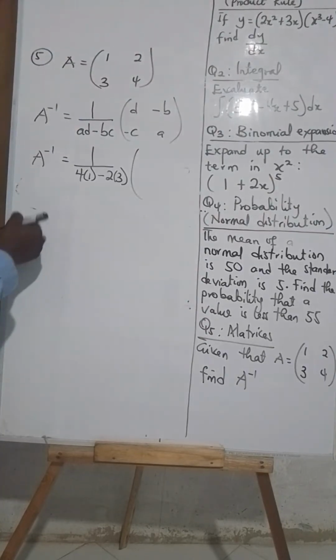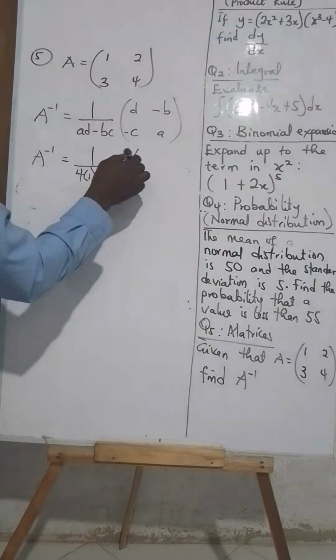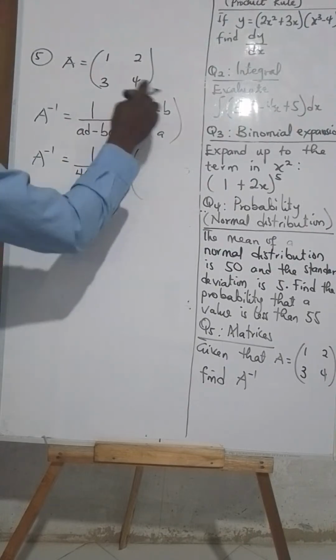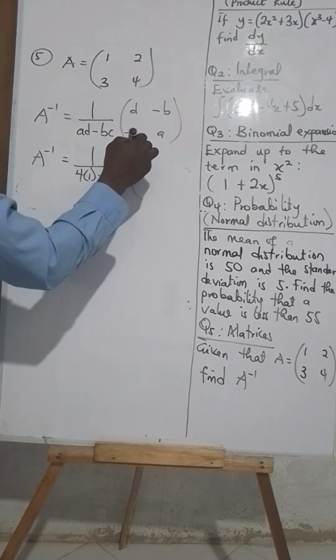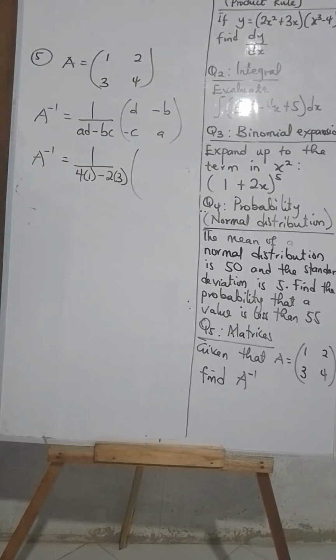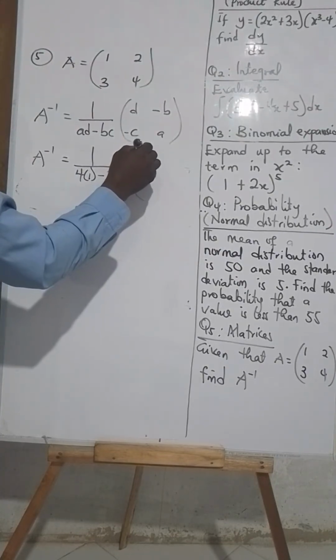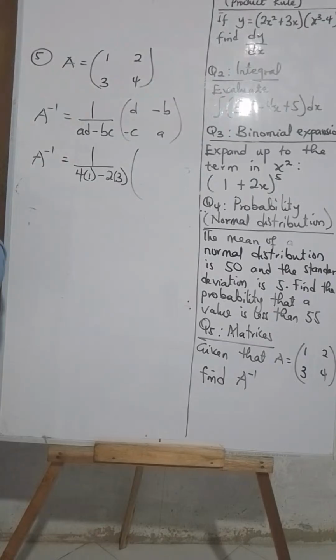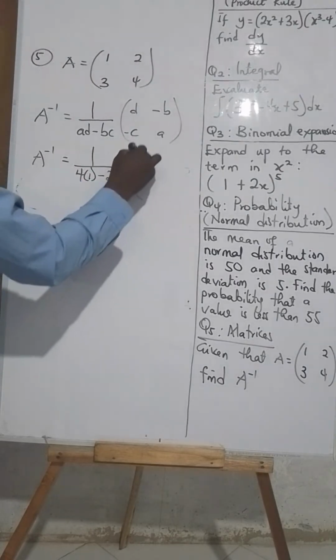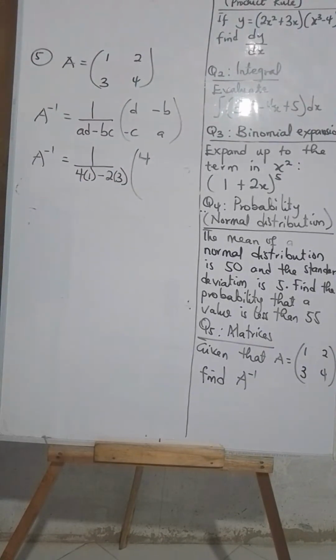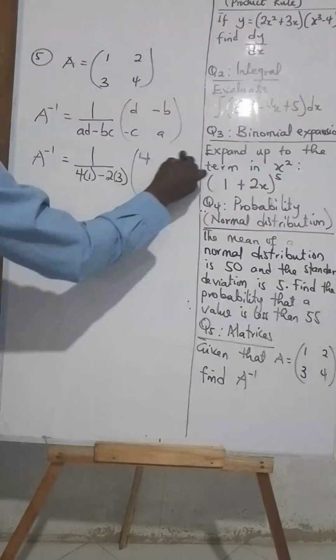So D is here, that is 4. Then the B is minus 2.